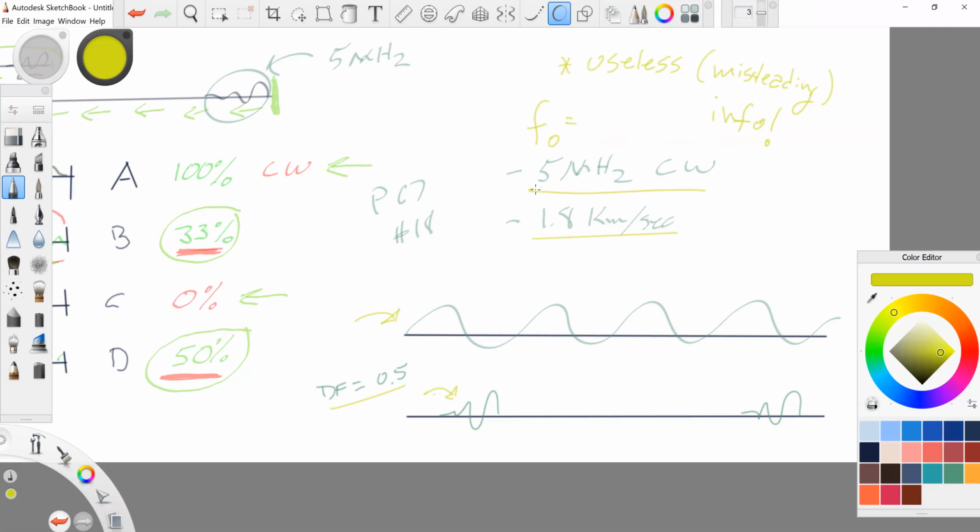The 5 megahertz is useless. The duty factor is useless. The fact that it's continuous wave versus pulsed is all useless information. Speed of sound is the speed of sound. It does not change in a tissue. It changes between tissues, but not in a tissue.